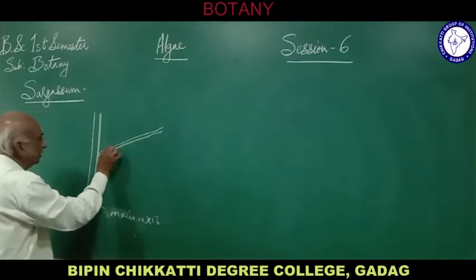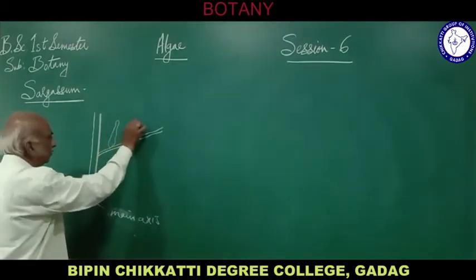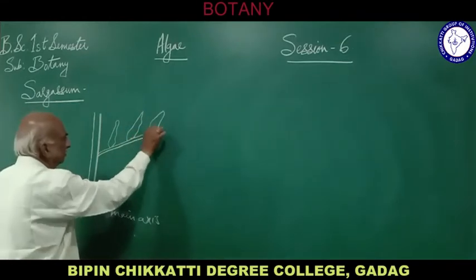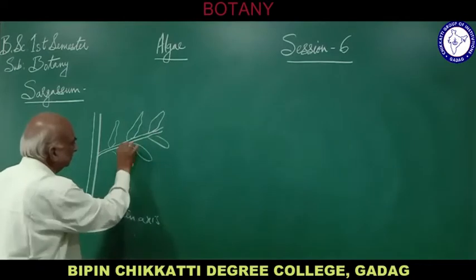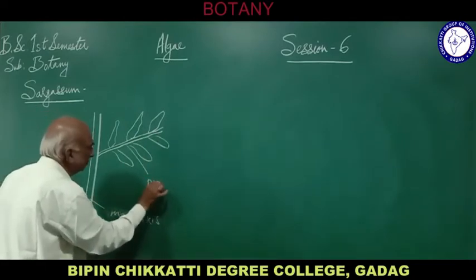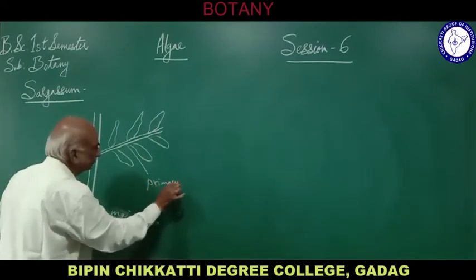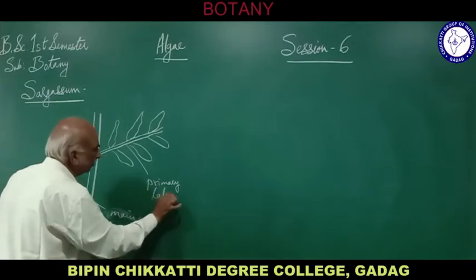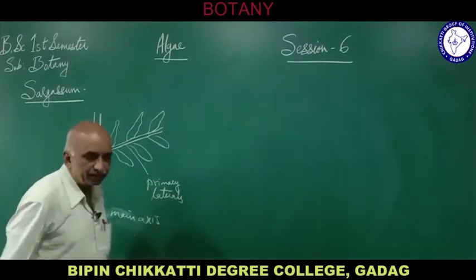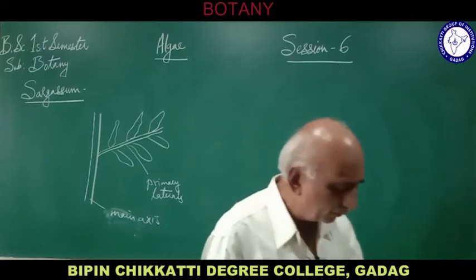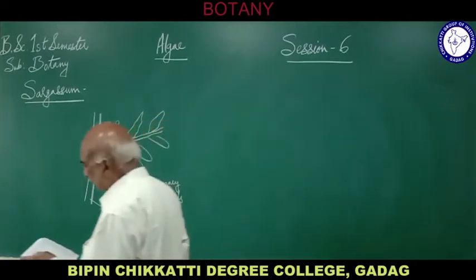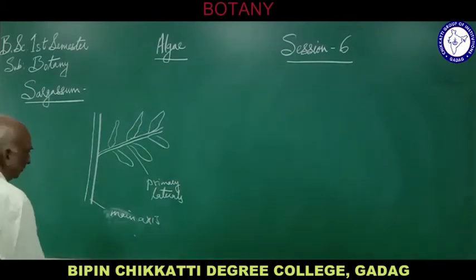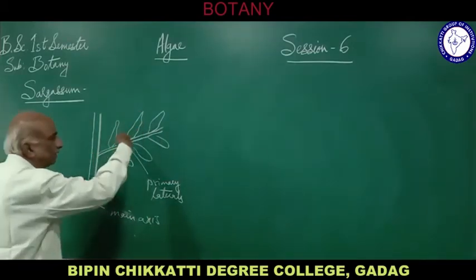These branches produce lateral branches again. They appear like leaves. These are called primary laterals, or laterals of unlimited growth, long shoots of unlimited growth. That means they grow indefinitely.